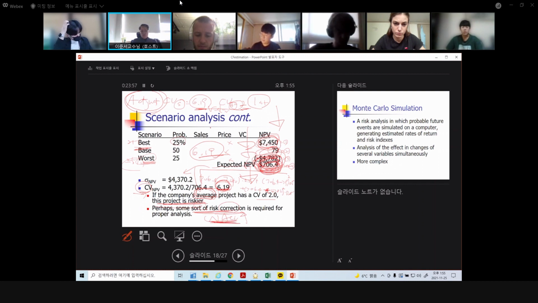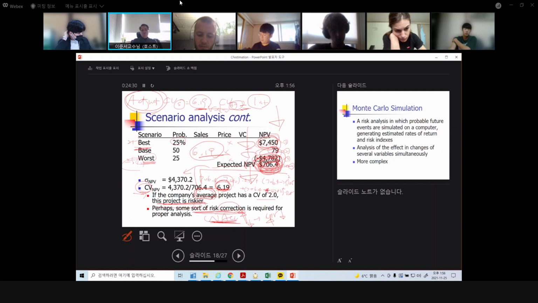If a specific project is riskier than the average project conducted by the same company, then we should increase the WACC, and then the net present value will decrease, right? On the other hand, if the CV of this specific project is lower than the CV of the projects conducted by the same company, then we can decrease the WACC, which increases the net present value.